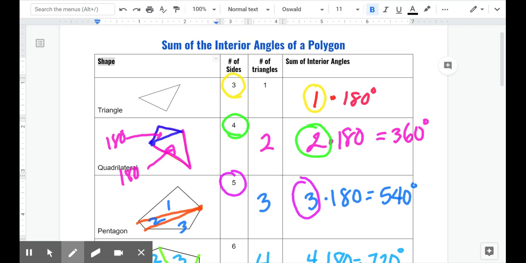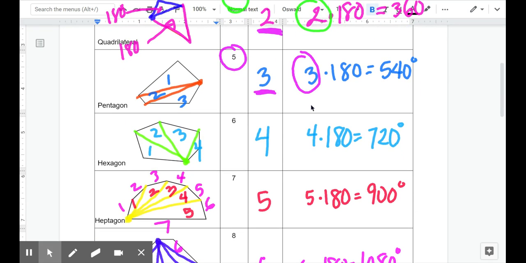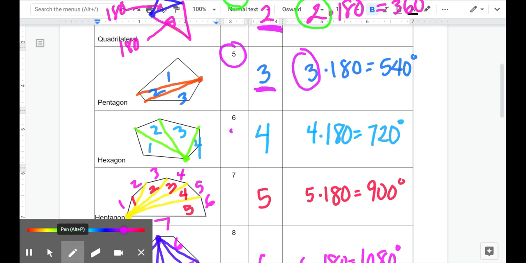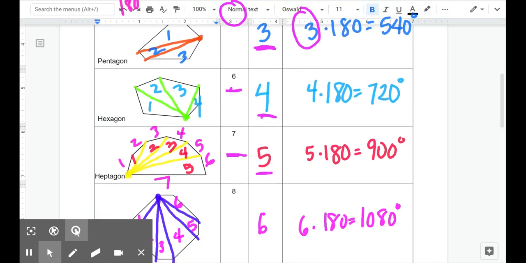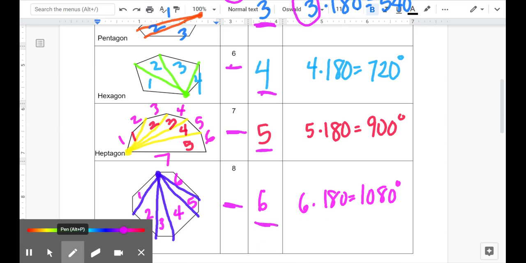In other words, if we have 3 sides, the number of triangles is 1. If we have 4 sides, the number of triangles is 2. If we have 5 sides, the number of triangles is 3. If we have 6, then we have 4. 7, then 5. 8, then 6.